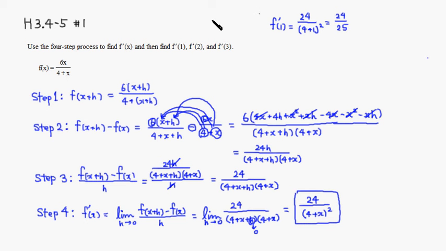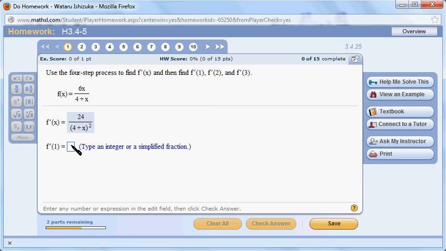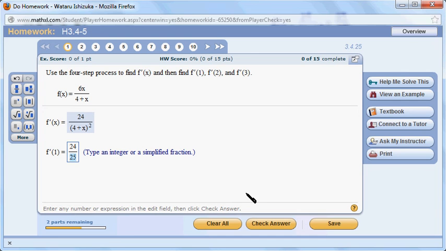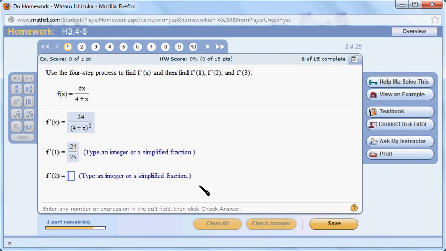Let's type that in. It's 24 over 25. Then check. Got that.